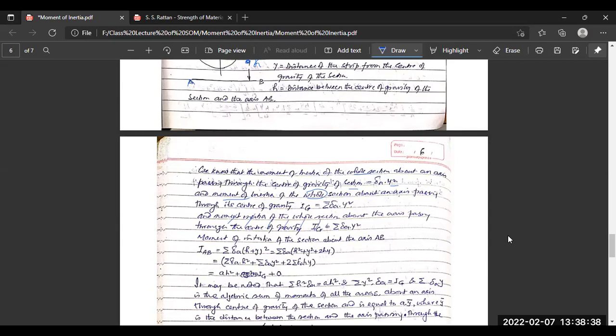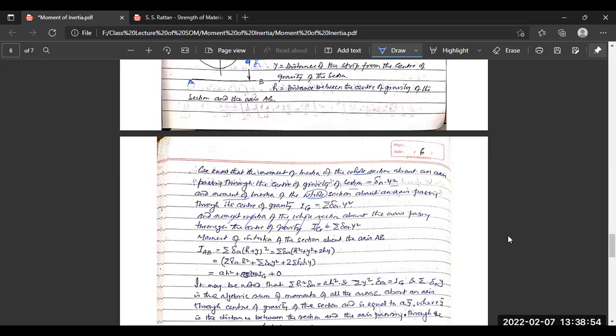Now, the moment of inertia of this section about another axis, the axis AB, will be IB equal to sigma delta A into (H plus Y) whole square, or sigma delta A into (H square plus Y square plus 2HY).